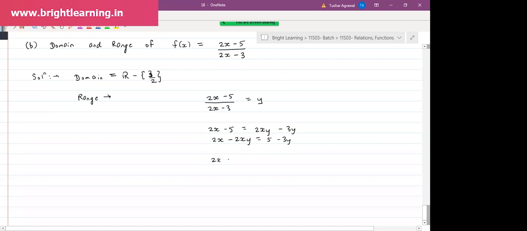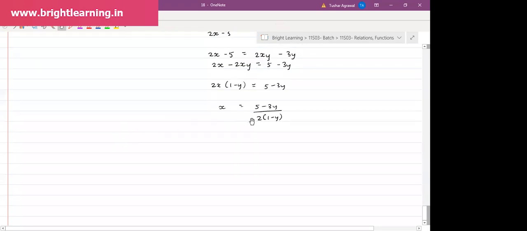So 2x common, 1 minus y is equal to 5 minus 3y. So x is equal to 5 minus 3y upon 2 times 1 minus y. So can you see that y cannot be equal to 1 for x belonging to real numbers?